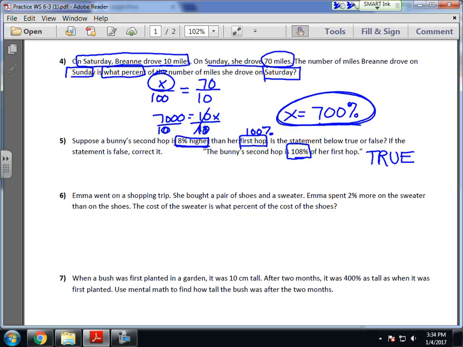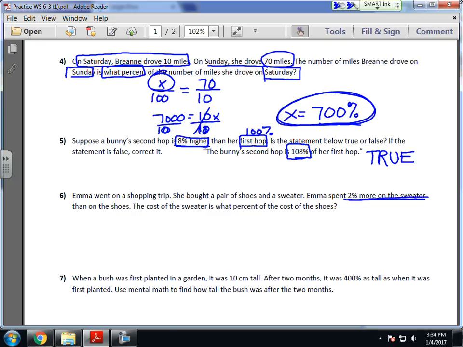Let's take a look at number 6. This kind of goes along with that. Emma went on a shopping trip. She bought a pair of shoes and a sweater. Emma spent 2% more on the sweater than on the shoes. The cost of the sweater is what percent of the cost of the shoes? Well, same thing as with the bunny question.